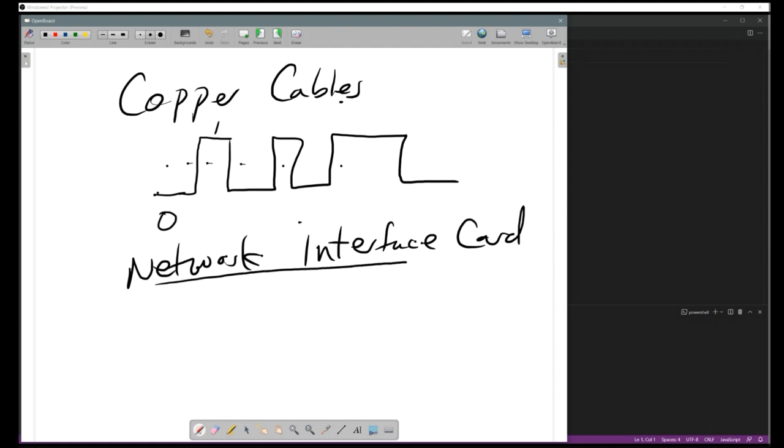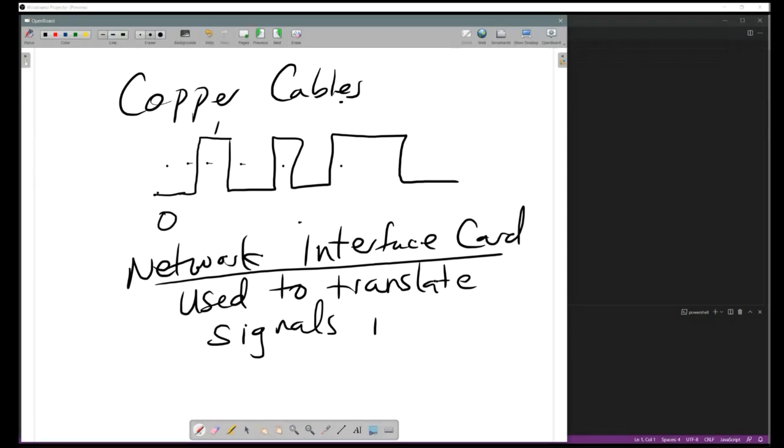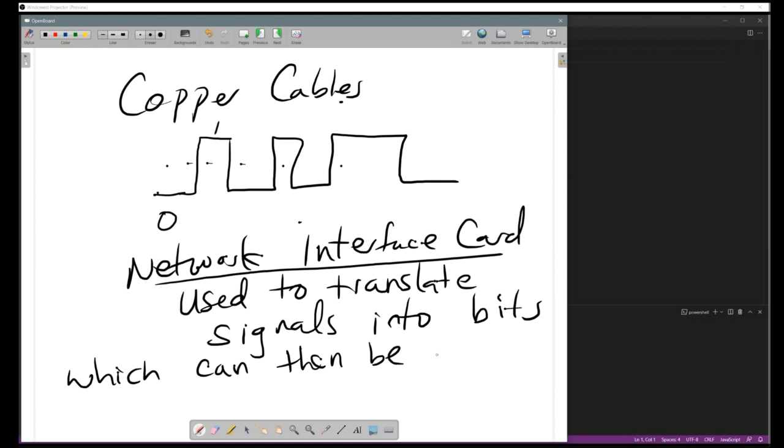The network interface card is not unique to copper cables, but it's used to translate signals into usable bits, which can then be arranged into frames that are usable by the data link layer.